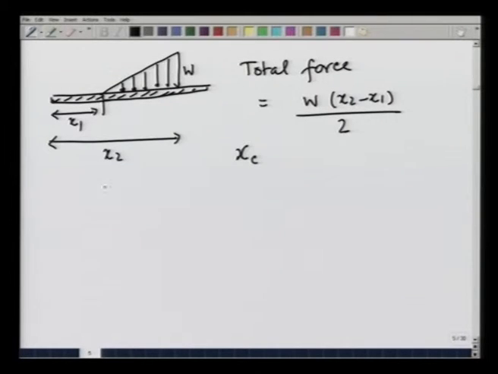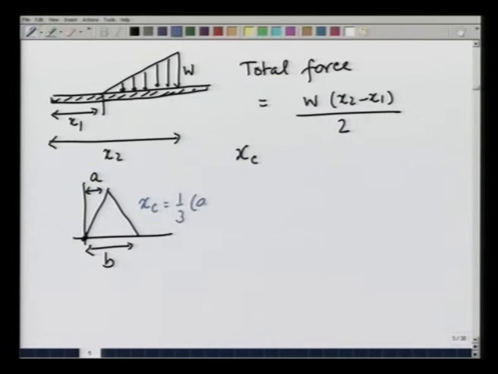Recall from the previous lecture that if I am given a triangle, then with respect to one of these corners, if this distance is A and this is B, then the centroid xc is given as 1/3 (A plus B).